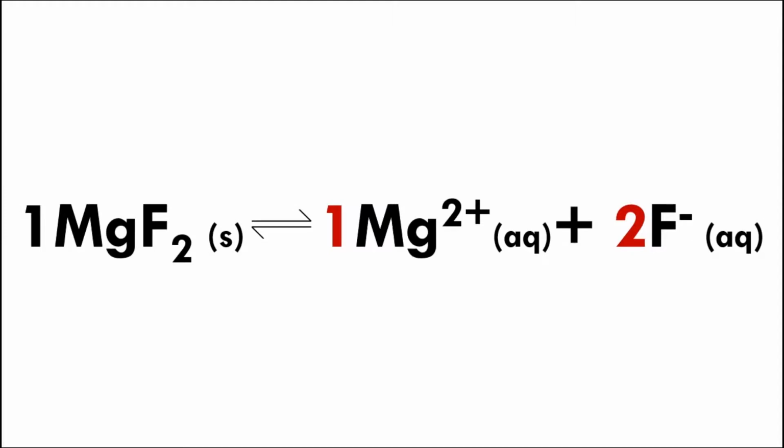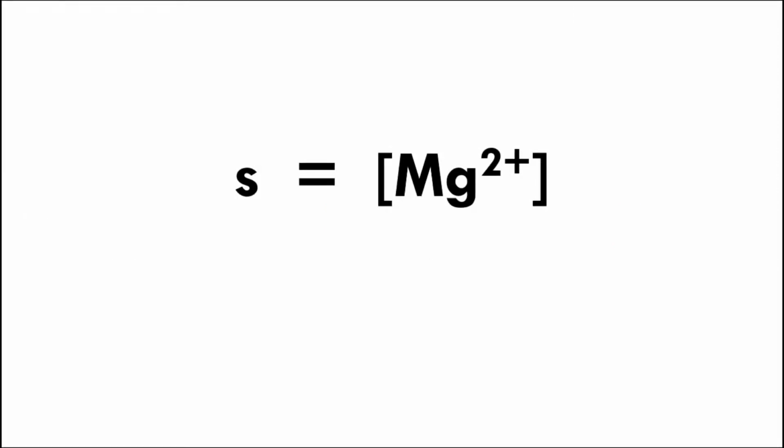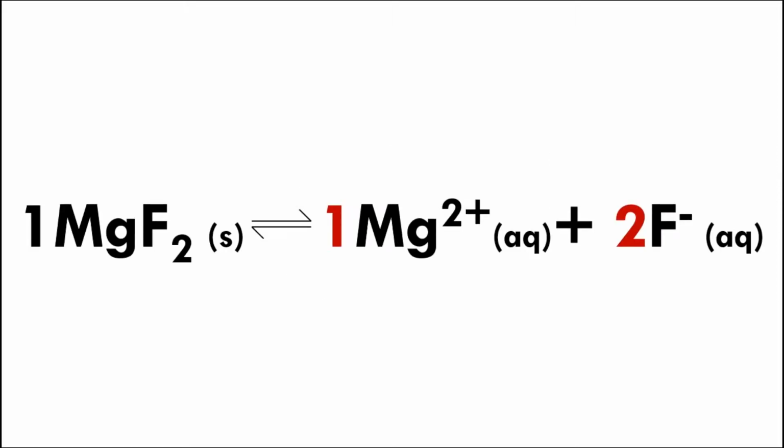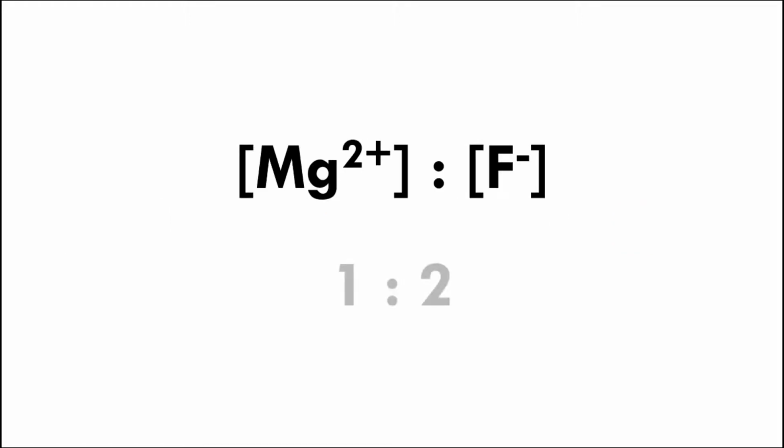Hence, we can substitute the variable S for the concentration of the magnesium ion. We can also say that the concentration of the fluorine ion is 2S. Since the coefficients of the magnesium and fluorine are 1 and 2 respectively, the ratio of their concentrations is 1:2. The variable S also denotes the molar solubility of the magnesium fluoride.